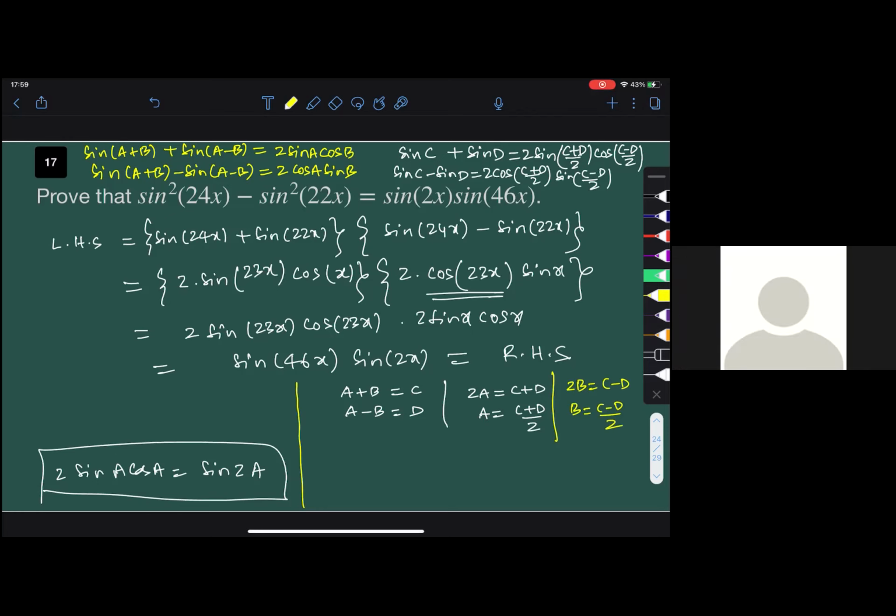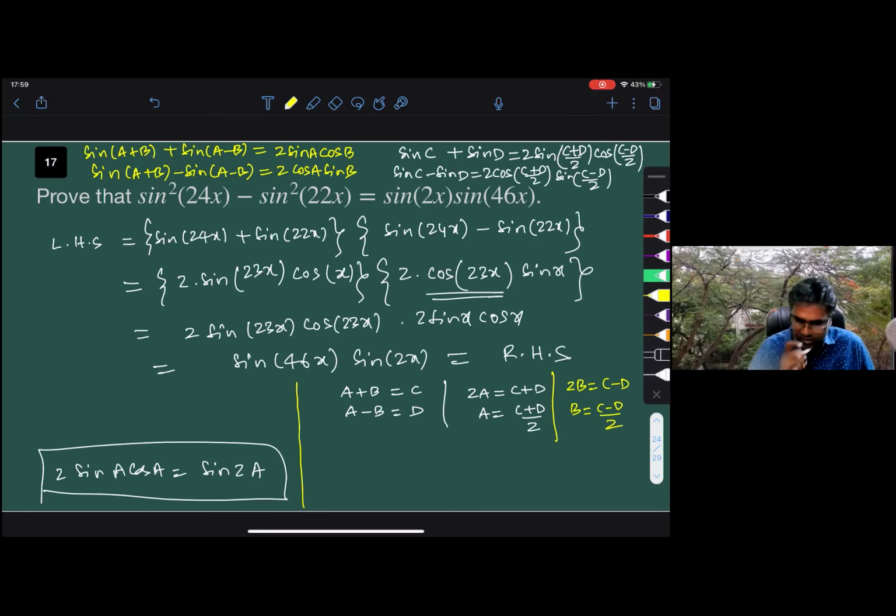Now look at the right hand side and the left hand side. Wherever you have a plus b, I'm substituting c, so I get sin c. Wherever I have a minus b, I'm substituting d, so sin d. Now a is c plus d by 2, so 2 sin of (c plus d)/2 and then cos of (c minus d)/2.